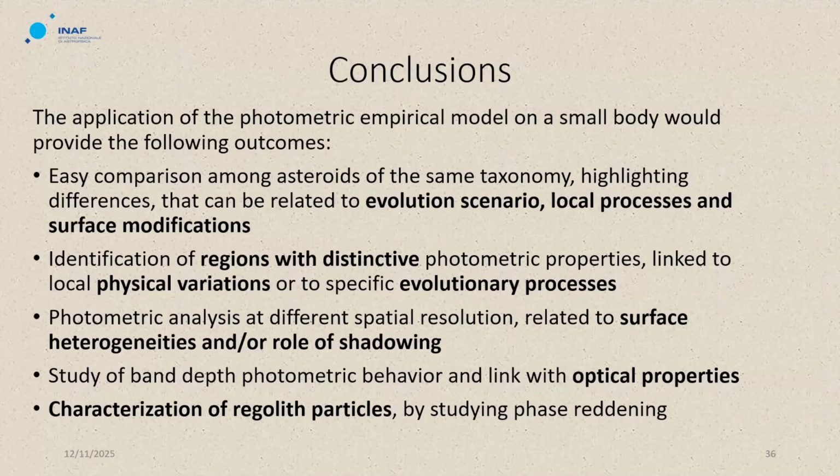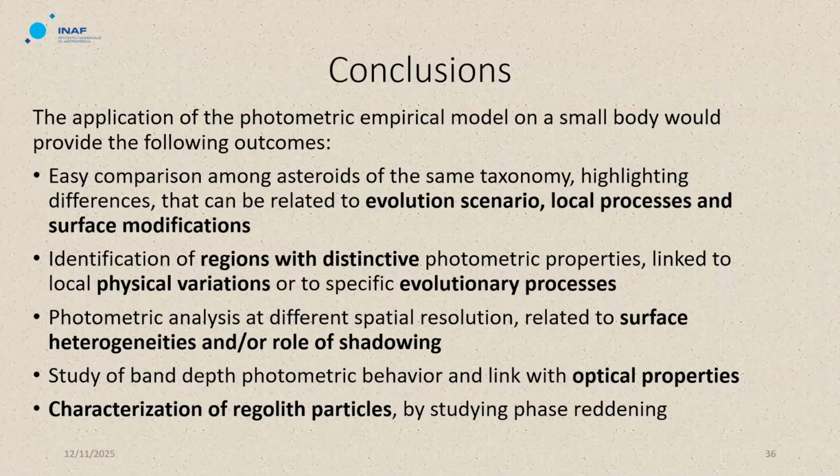So we are also able to identify regions with distinctive photometric properties that could evidence physical variation, and physical variation could be due to different evolution processes. So we can, in some way, reconstruct the story of that region and of the asteroid or the comet as a whole.